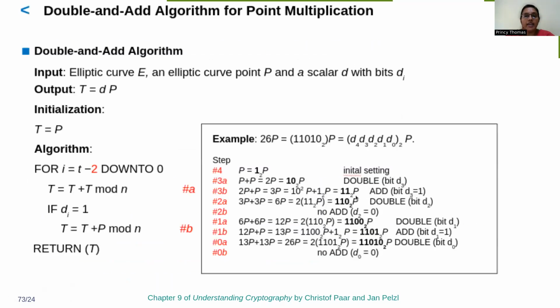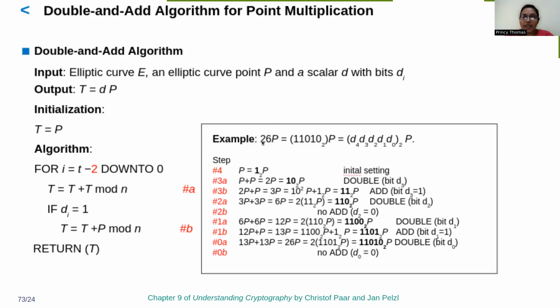This is the pseudocode. Let's look at this example first, and then you can look at the pseudocode and understand it perfectly. Supposing I want to find 26P. This point P is an XY coordinate.